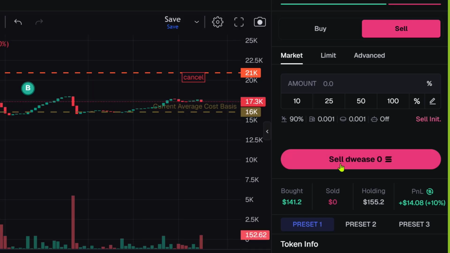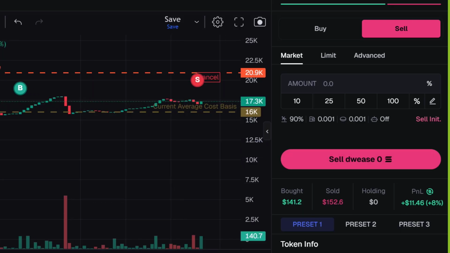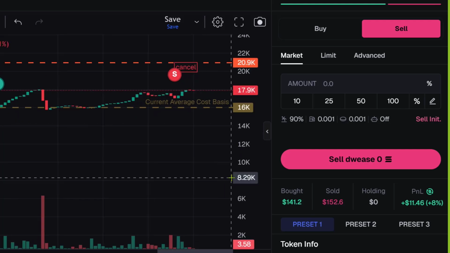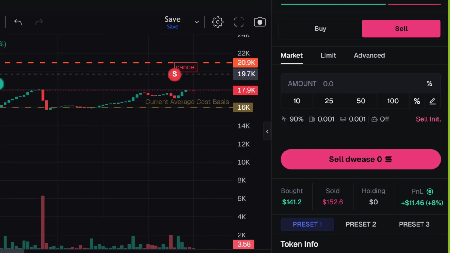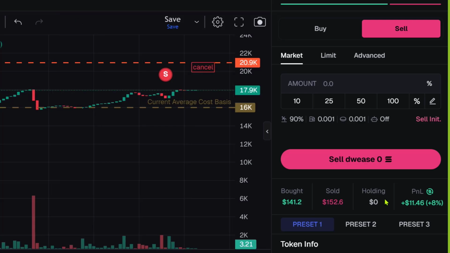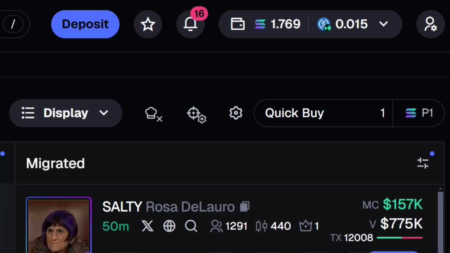I'll get out of this one. I don't like staying there for too long, so it's a slight profit, and it's going up as we got out. But that's the name of the game. It's okay. You got to go with your intuition and your gut sometimes. It's okay. 8% on this one. Let's move on.